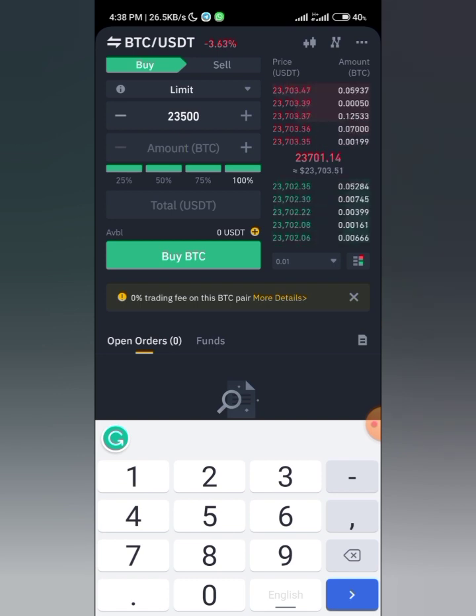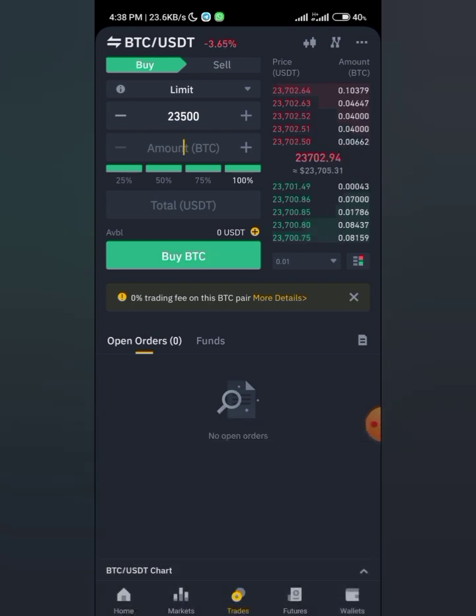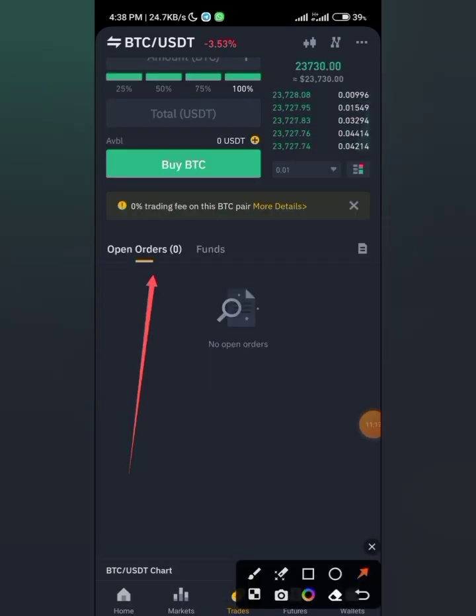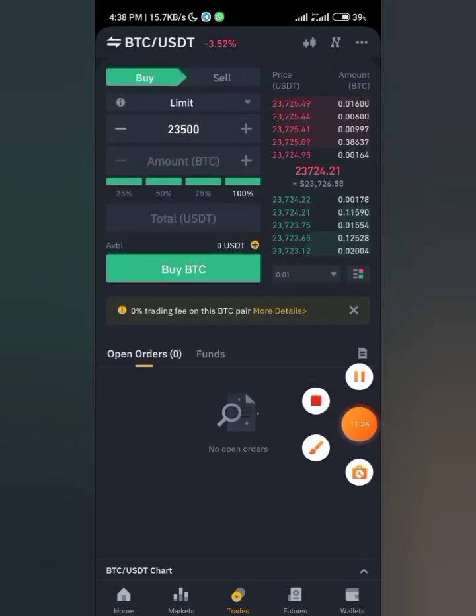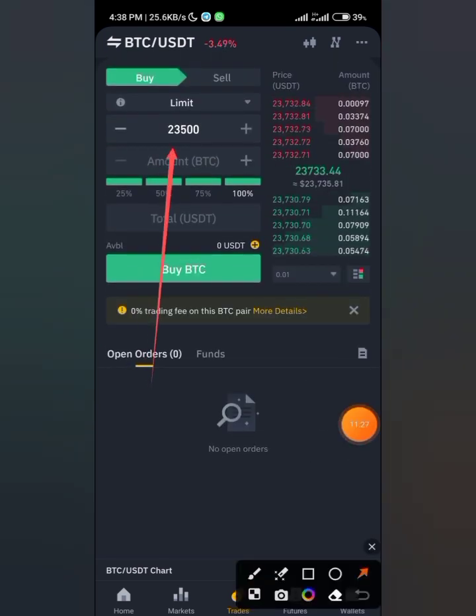Once you click on buy, if you have funds in your account, it will come to this place and start queuing up. This order will queue up here, waiting for when the price of BTC gets to the amount that you have chosen before it will actually execute.